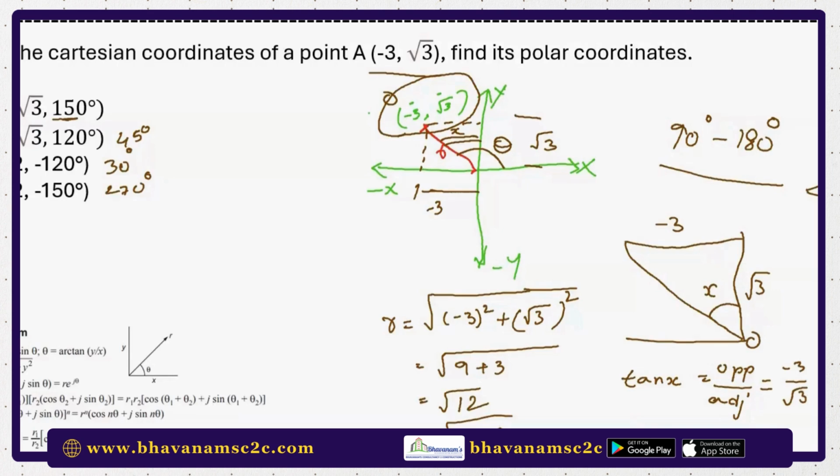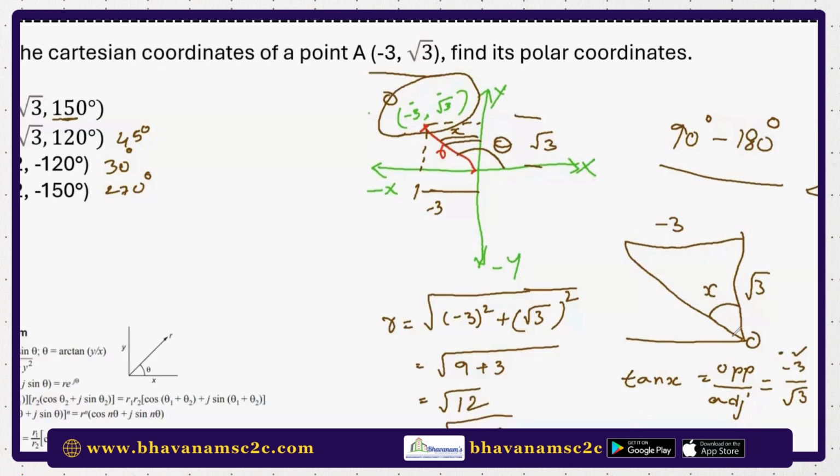You will get the value of x directly as 150 degrees. You know why? Because here, along with the magnitude 3, we took the direction also. The direction is negative, I mean it is in the second quadrant. If you don't put the sign, you will get 60 degrees. Since you put minus 3, it gives you the direct value from the positive x-axis till here.